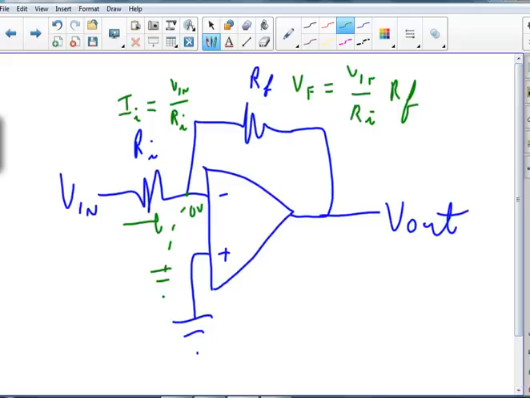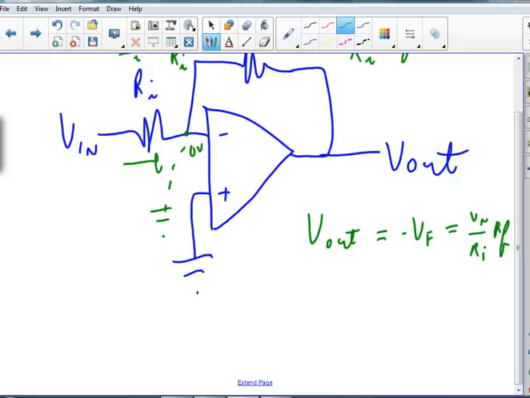What is the voltage out? If I were at 0 here and I had some voltage across the feedback resistor, then my voltage out must be whatever that feedback voltage is, which is Vn divided by Ri times Rf, and it's going to be a minus voltage because I dropped. I went from 0 and I went down when I went past that resistor.